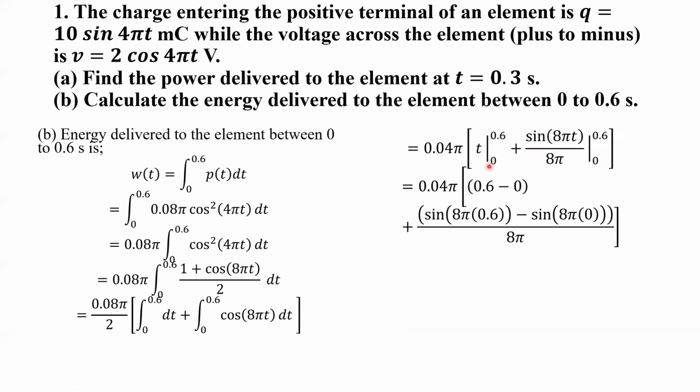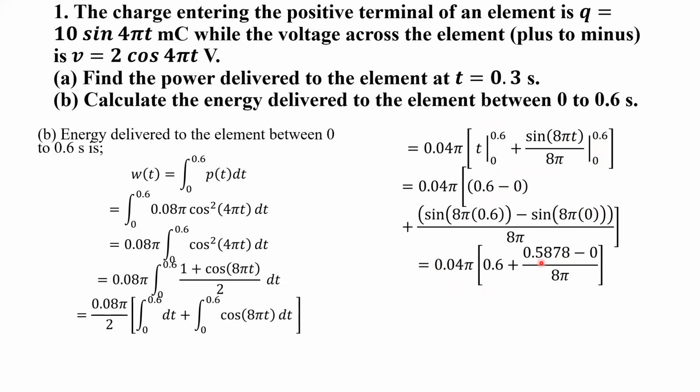Now we have to replace the value by the upper limit minus the lower limit, upper limit 0.6 and lower limit 0. Here also we replace t by 0.6 and 0, and subtract these terms. After further simplification, we get this term.